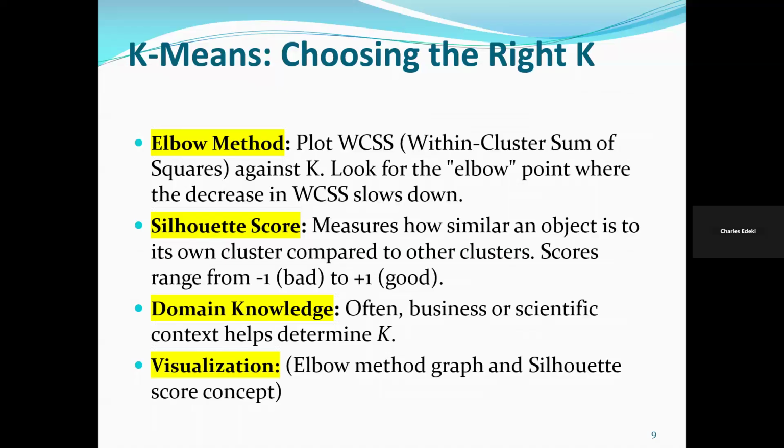There are no fixed techniques; based on experience and your domain knowledge, you can come up with the best one. Visualization also goes with the elbow method, so we can have the elbow method graph or the silhouette score concept.